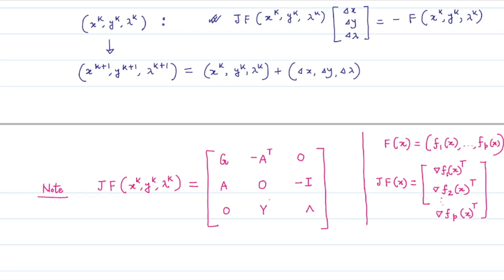So let us also denote here yk, here also capital lambda k. Capital Yk is a diagonal matrix whose diagonal entries are the components of this Yk. Similarly, for lambda k, it is also a diagonal matrix whose diagonal entries are all components of this lambda k vector.